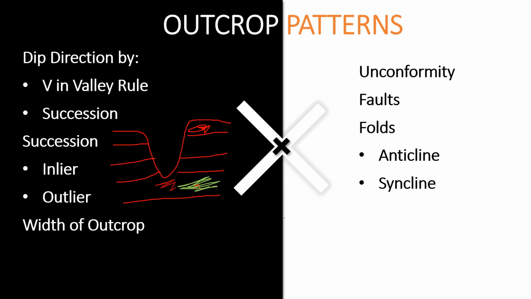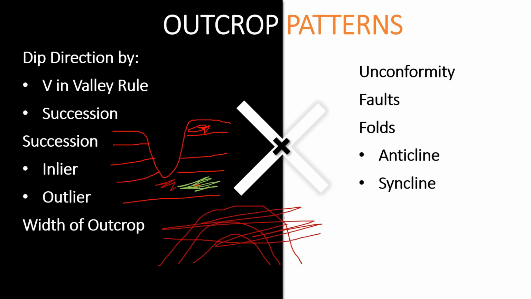Another case is an anticline. An anticline is an upward fold. So when that anticline is being eroded, most probably this would be left.